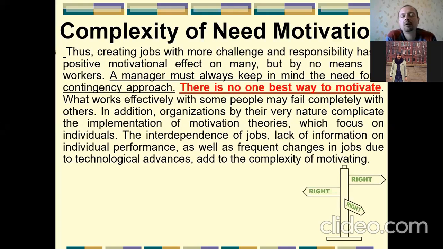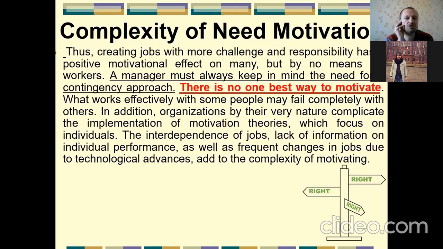So the system approach says that all organizations are open systems, so we need some resources. The process approach says that any manager has to use 4 main functions of management: planning, organizing, motivating, and controlling.